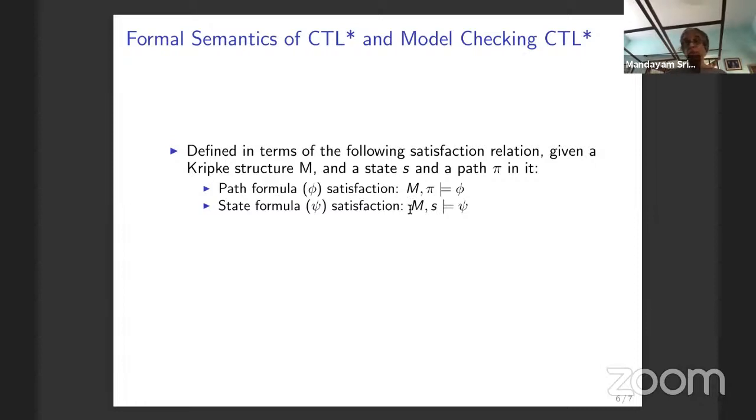And you will see that for a state formula, the meaning will be defined in terms of the meaning of its sub-formulas, which could be other state or path formulas. So this satisfaction relation, like in propositional logic or like in any logic, will be defined inductively.